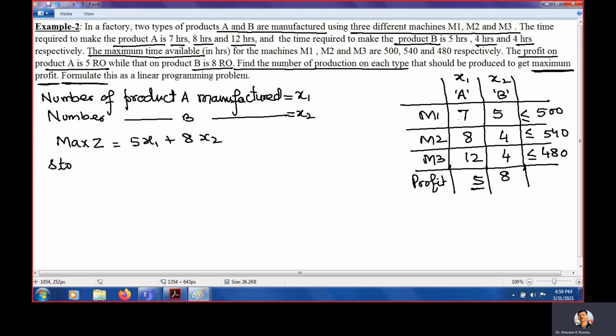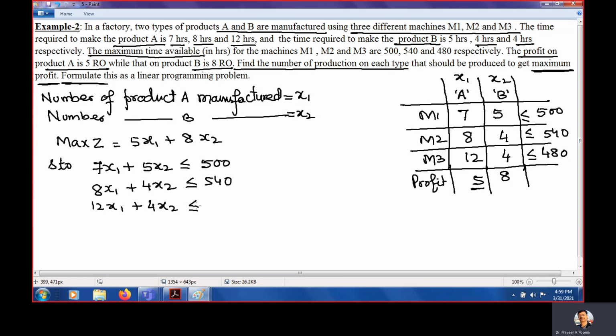Now 7 hours the product A is taking on machine M1. So 7X1, because X1 products are there, plus 5X2, and it is less than or equal to 500. Similarly 8X1 plus 4X2 less than or equal to 540, and the last one is 12X1 plus 4X2 less than or equal to 480.